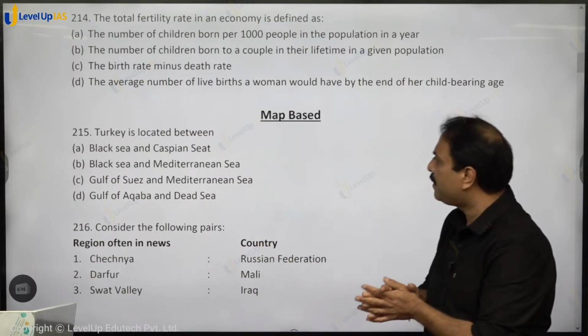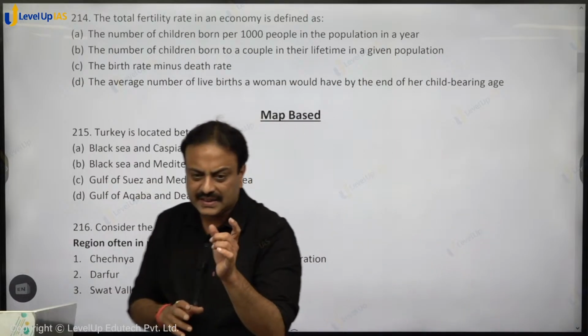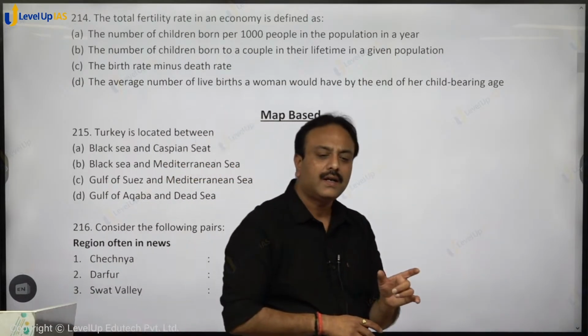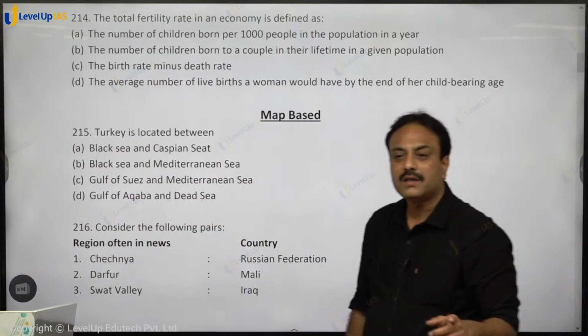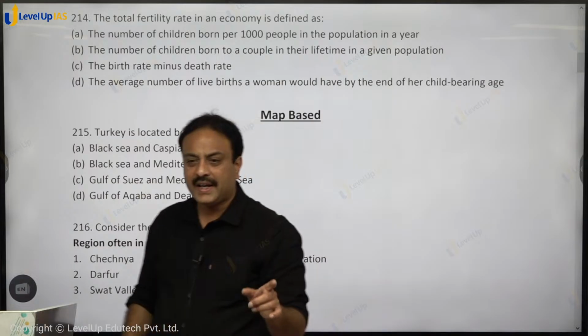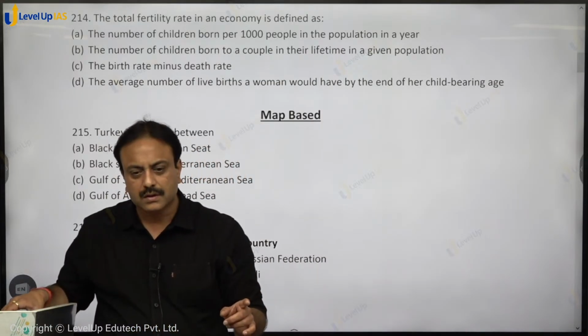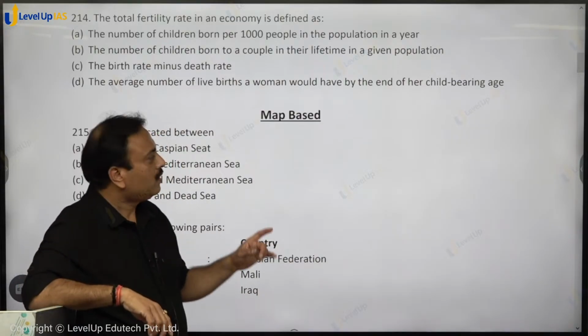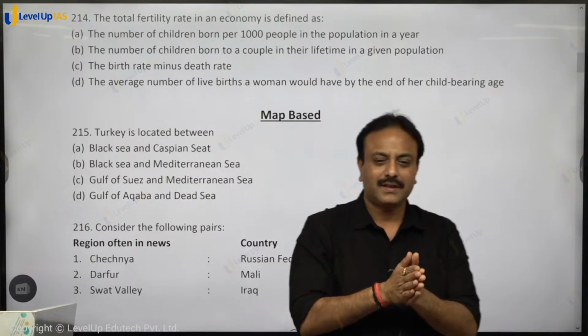The average number of live births a woman would have by the end of her childbearing age. This is the exact definition of total fertility rate, right? And what is the childbearing age? The childbearing age in our country, India, is considered as what? You all have the answers for PYQs.